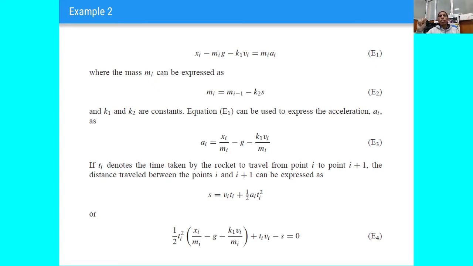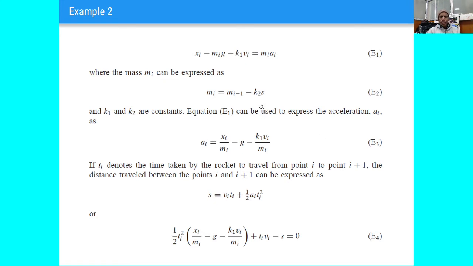That is why this reduction in mass is taken as k2 into s. So at any control point i, the mass is mi minus 1, the mass at the preceding stage, subtracted by the loss of mass from the preceding stage to the current stage. So mi is equal to mi minus 1 minus k2 s. Here k1 and k2 are constants.